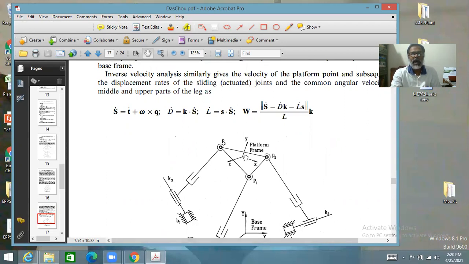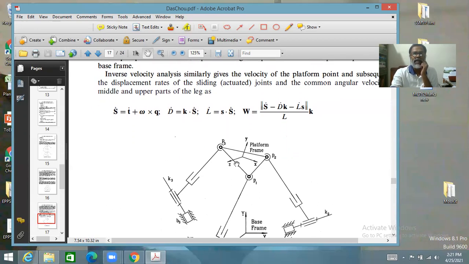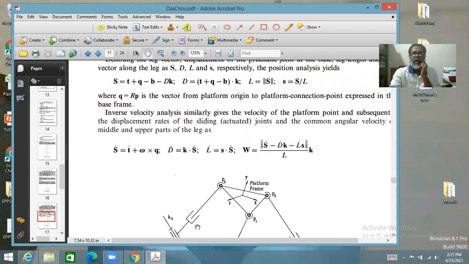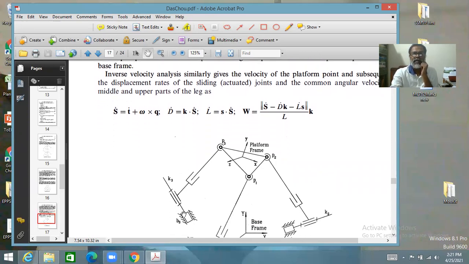So t plus R p_i, which is q. So t plus q minus this base point, wherever it is fixed, minus dk. Now d is actually this actuation.